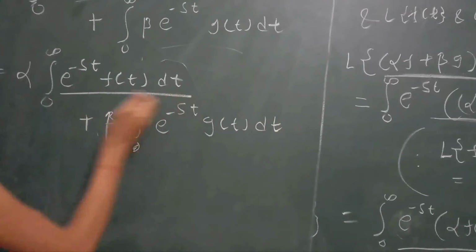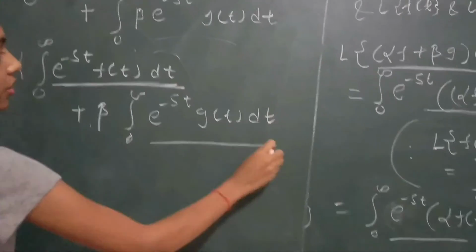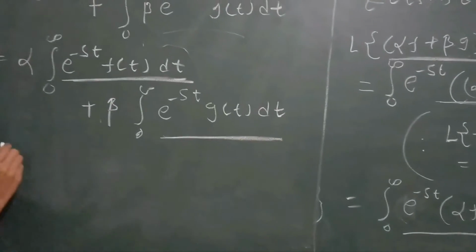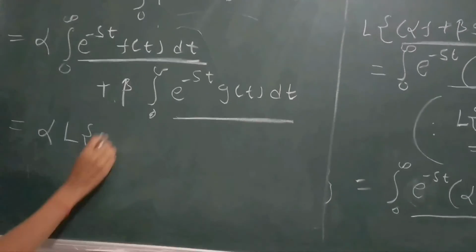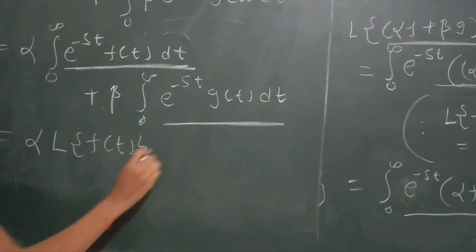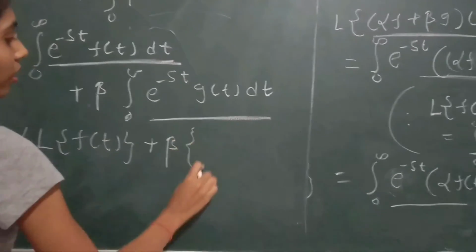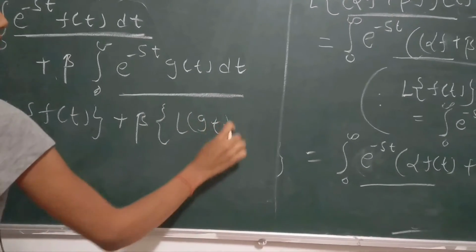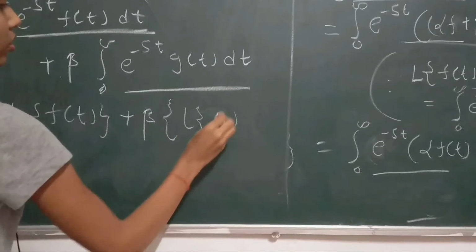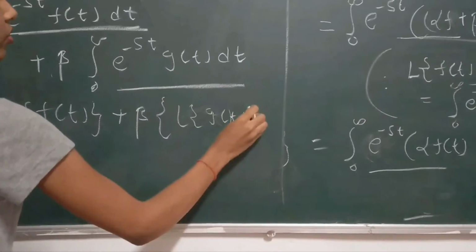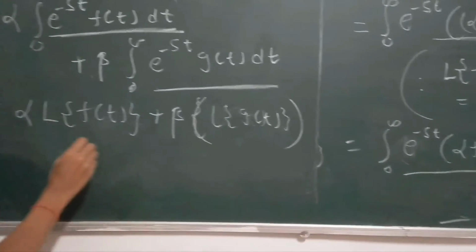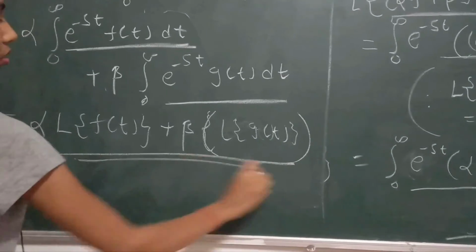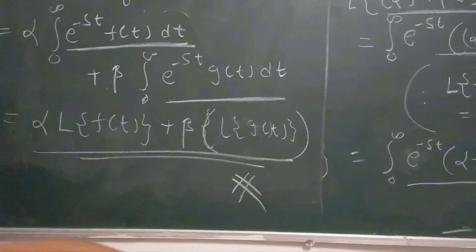And by definition, this is the definition of L of f of t and this is the definition of L of g of t. So alpha L of f of t plus beta L of g of t. Proved.